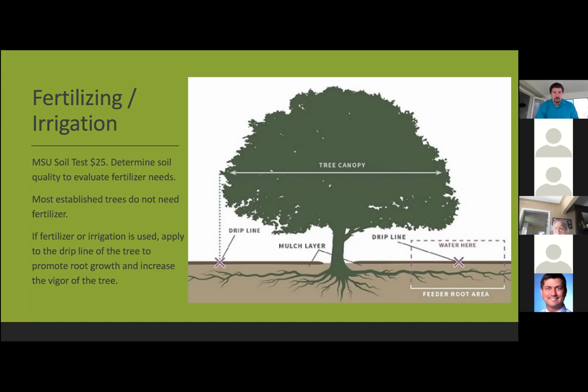The general rule of thumb for trees in an urban landscape is called the 10-20-30 rule. You don't want to have more than 10% of your urban forest be a single species, more than 20% in a single genus, and more than 30% in a single family.